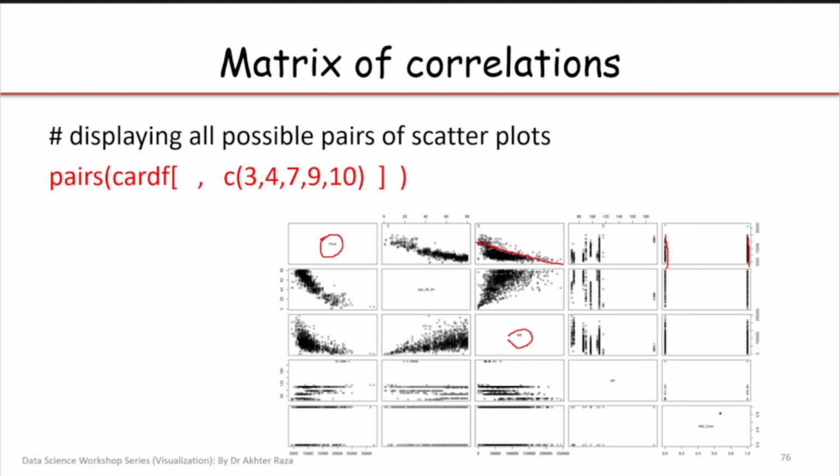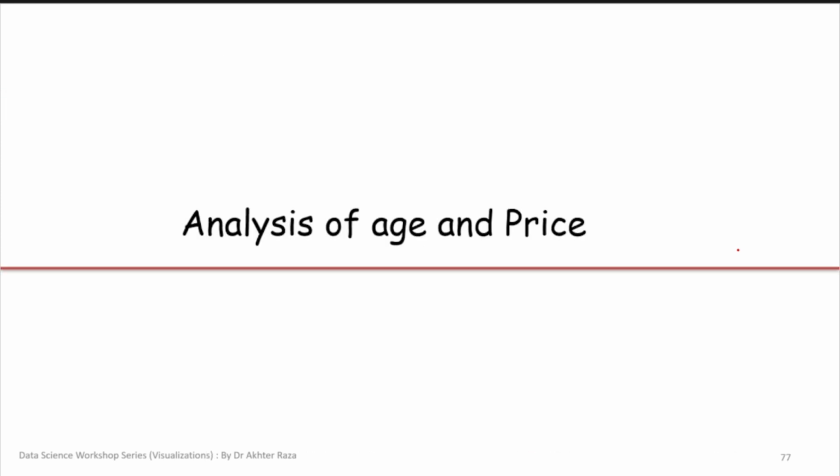I can't see the name of the variable, but whichever it is, it has only two values because it is a binary variable. One value is indicated here and the other value is indicated here. So the pairs command is one of the simple ways to identify all of the scatter plots by matrix.